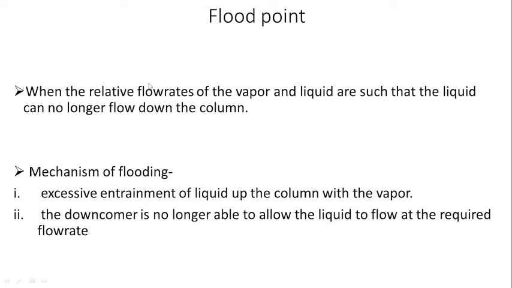There are mainly two mechanisms for flooding to happen. First one is when excessive entrainment up the column with the vapor happens, and second one is when the downcomer is no longer able to allow the liquid to flow at the required flow rate.